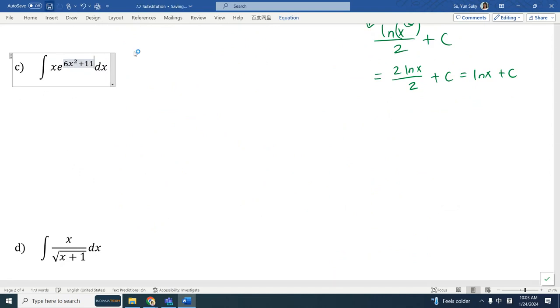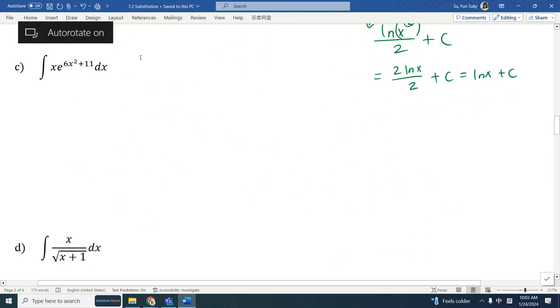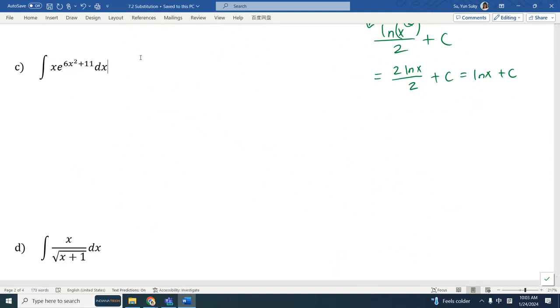Okay, so for part C, we change the problem a little bit. What is the inner function? Exactly, very good. So step 1, let u be 6x squared plus 11.